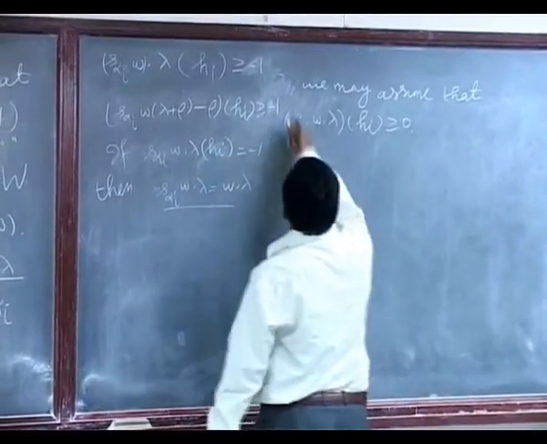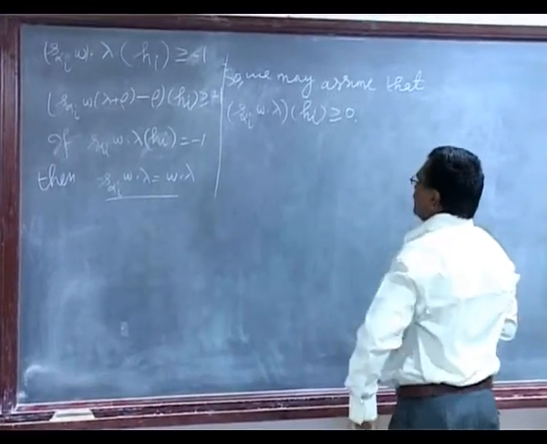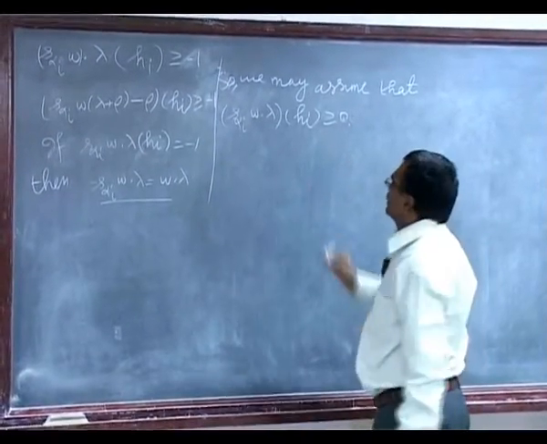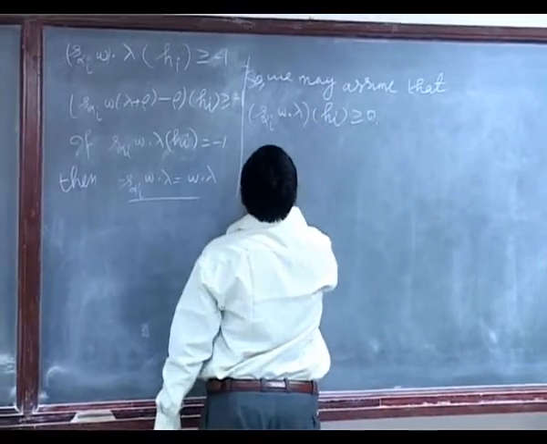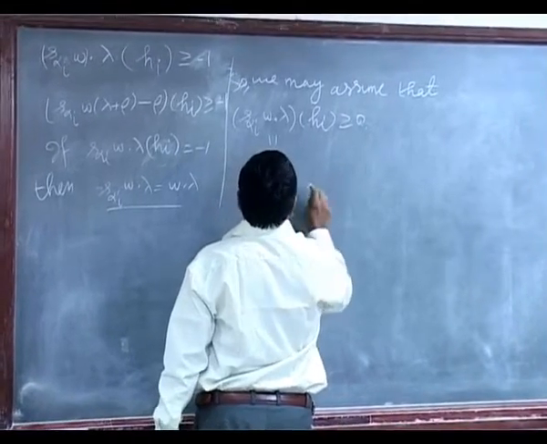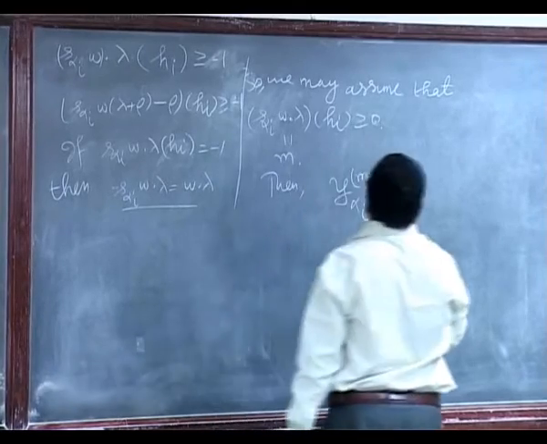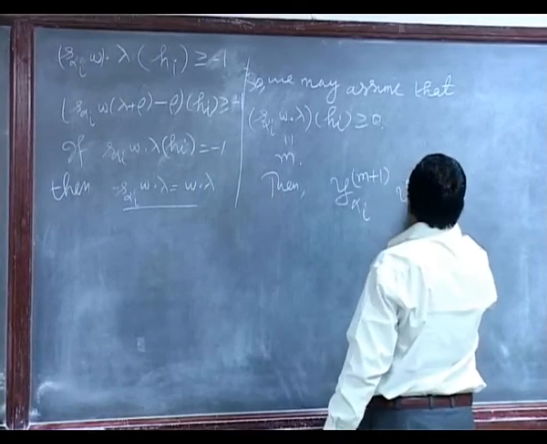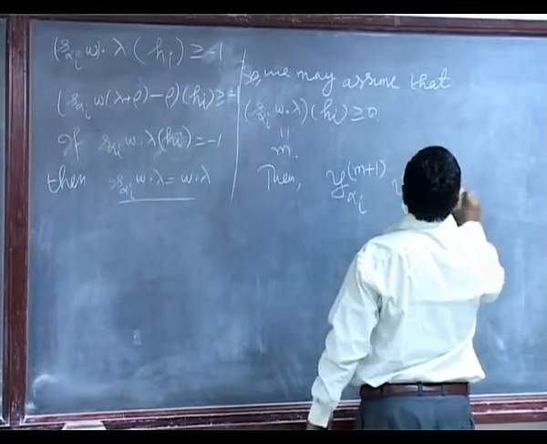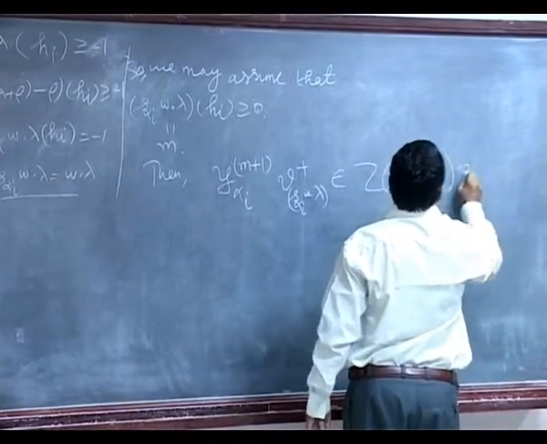Otherwise we may assume that this is non-negative, call it m. Then y_alpha_i to the power m plus 1 of v, s_alpha_i w dot lambda plus in Z, s_alpha_i w dot lambda is a maximal vector.